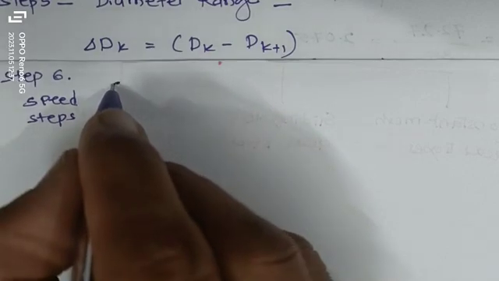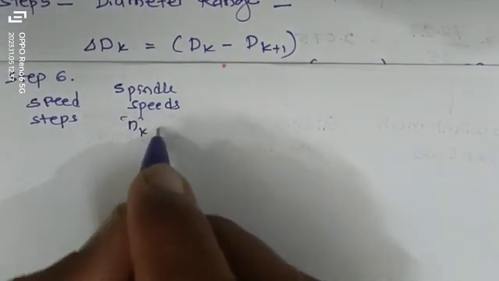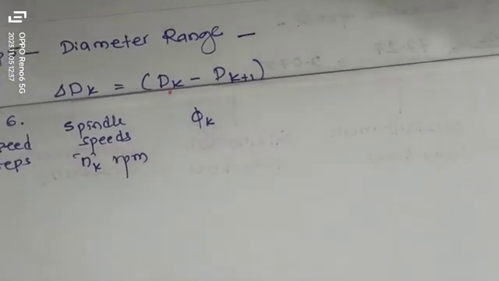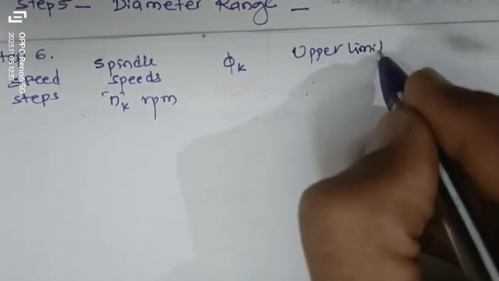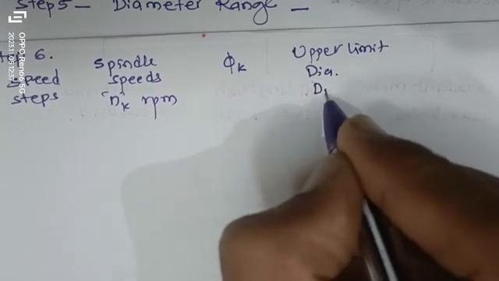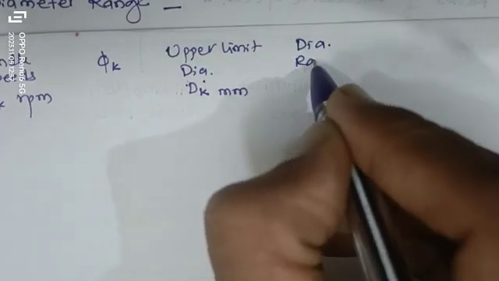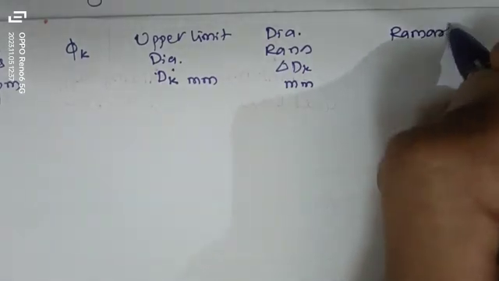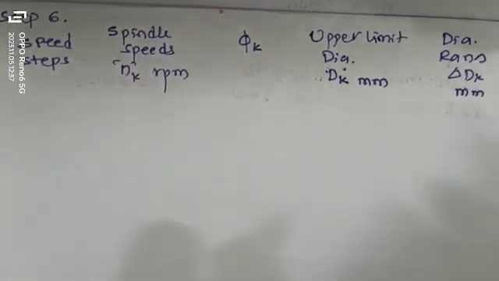Second, spindle speeds, which we notated nk, that is rpm. Then phi k, the ratio of successive speeds, and we have also calculated the upper limit of diameter, which we have mentioned as dk, in mm. And another is the diameter range, delta dk, in mm. And we'll see later the remarks on the basis of these values.